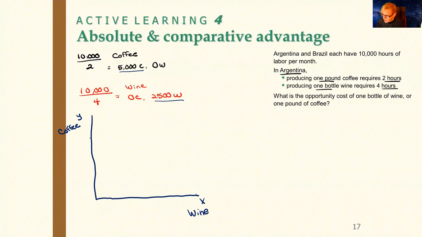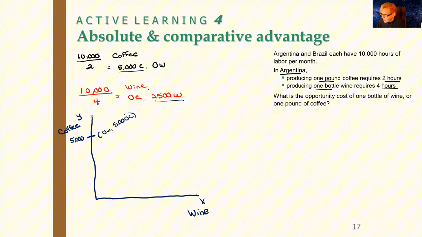So I can produce 5,000 coffee. I'm going to put a mark right there. 5,000 coffee and no wine. So this is 0 wine and 5,000 coffee, because I do want to put it in the X and Y ideology.